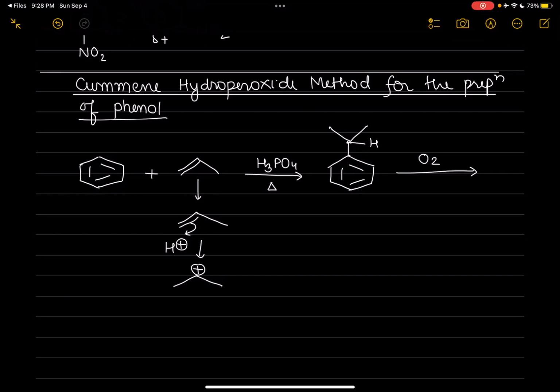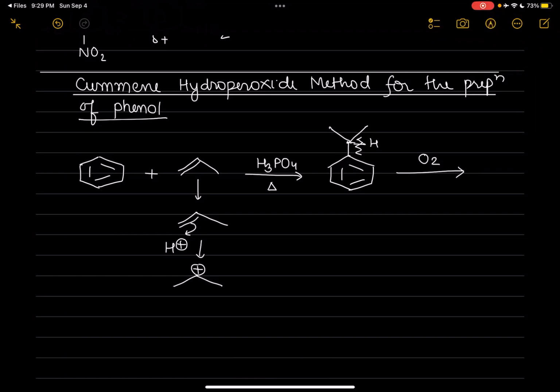No, it's not ozonolysis. Ozonolysis is O3. This is reaction with oxygen, and this hydrogen is benzylic, being connected to the carbon which is directly outside the benzene. So O2 is there.